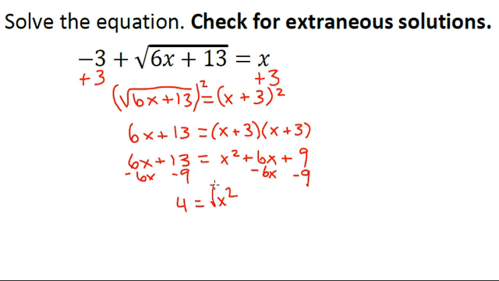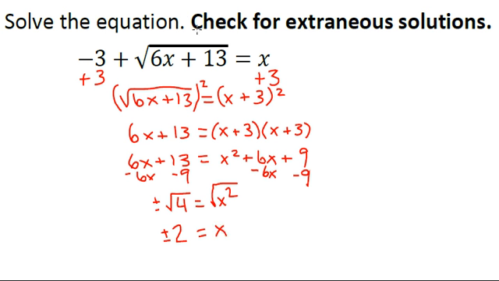So I can just go ahead and take the square root of both sides, remembering that when I do so, I need to introduce a plus or minus, because that square root of 4 could either be 2 or negative 2. So x equals 2 or negative 2.